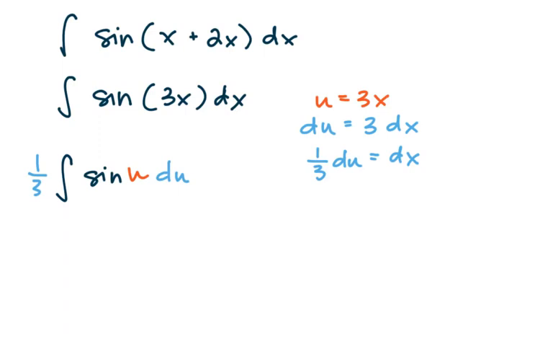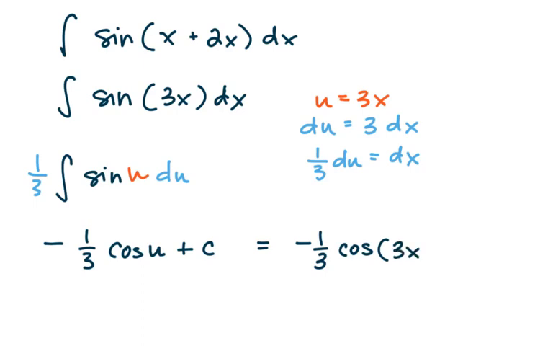The integral of sine u is negative cosine u, so I have negative 1/3 cosine u plus c, and subbing back in my x value, we always have to do that when it's an indefinite integral. If we've got bounds, we can change everything into u and we don't have to worry about going back. But because this is indefinite, as opposed to a definite integral with bounds, we have to put our x's back in there. So we've got negative 1/3 cosine of 3x plus c.